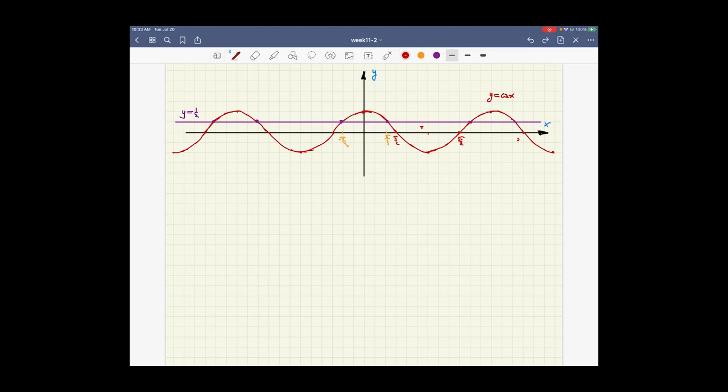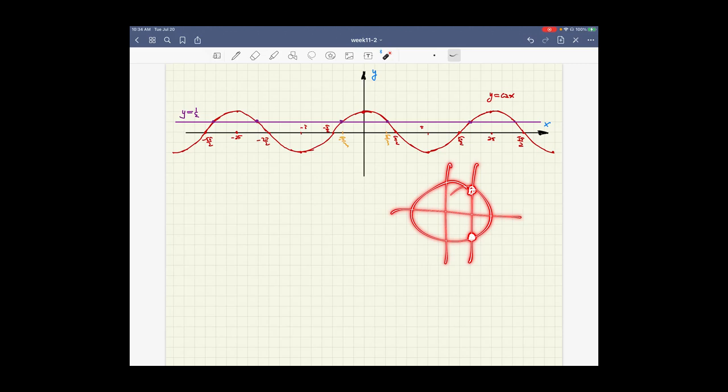What are the other points? So there are other points, of course, other than pi over 3, where cosine is 1/2, pi over 3 and negative pi over 3.